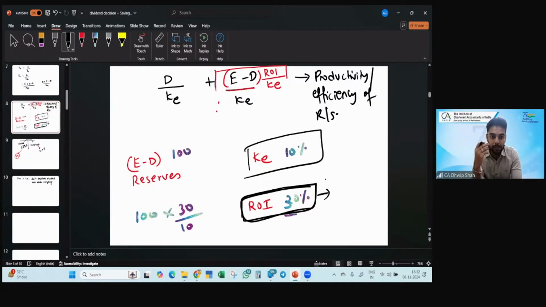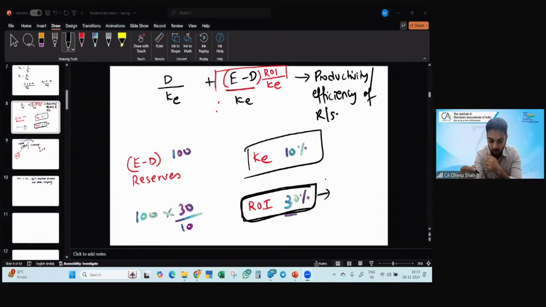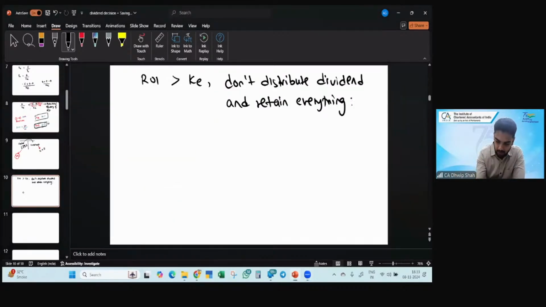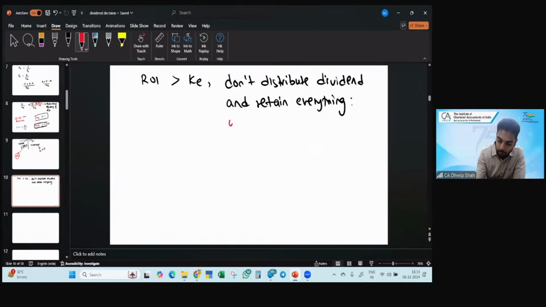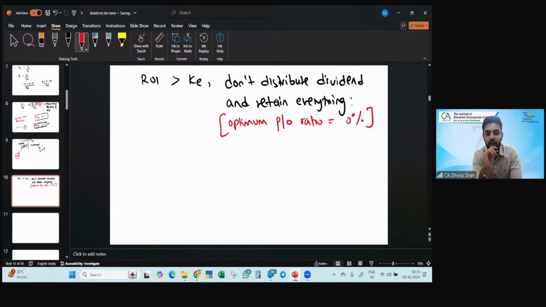The company can turn one into three in our example, so it is better to keep the funds with the company and let it do that. Understood? Okay, no worries. So this is the first inference: if ROI is greater than KE, don't distribute dividend and retain everything. In other words, the optimum payout ratio of dividend is 0%. Are you getting this?